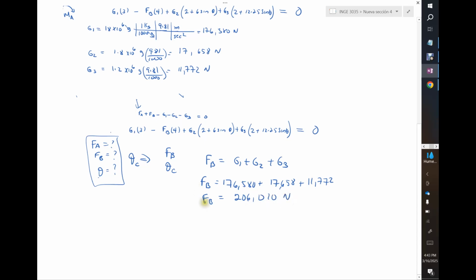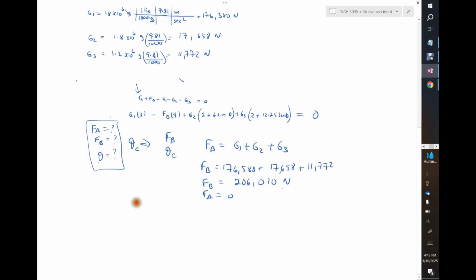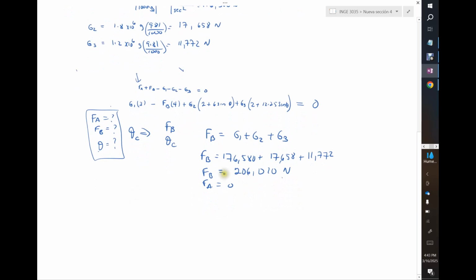And remember that under this condition, FA equals 0. That's because of the tipping calculation. Now we know FB, and we know everything here. Let's work on the moment equation so we can work out the whole details here. Let's see how this will look now.